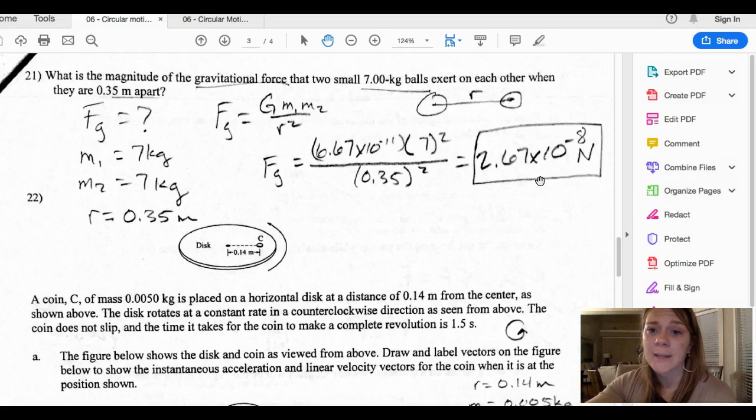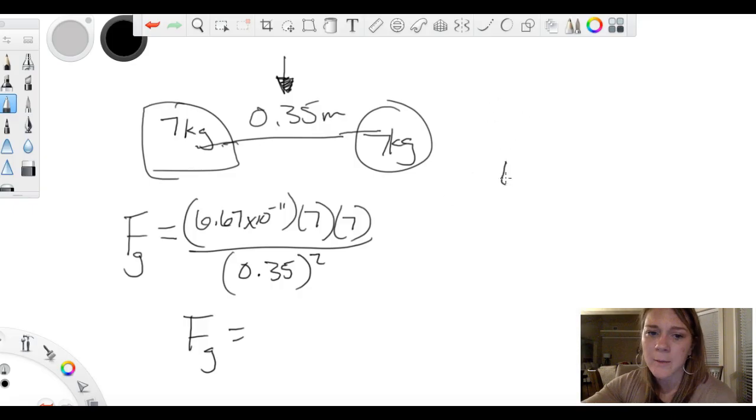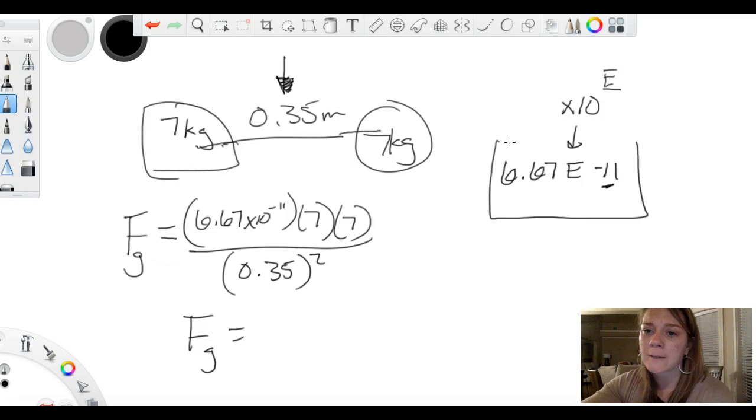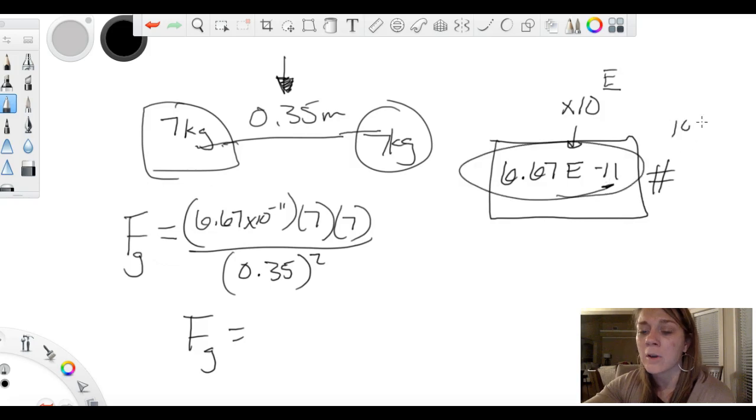Now, if you're not getting the correct exponent, it's probably the way you're entering this problem into your calculator. I use the E button because that stands for exponent. So on the calculator, I would enter in 6.67 E negative 11. This E stands for times 10, and then of course you enter in whatever that exponent is. And in this case, the calculator sees this as one number, just like it would see the number 100.